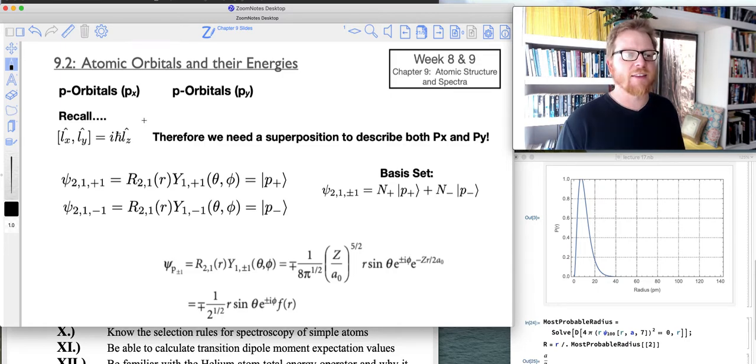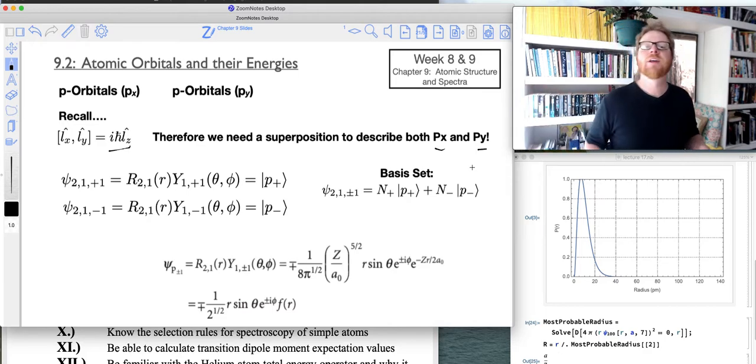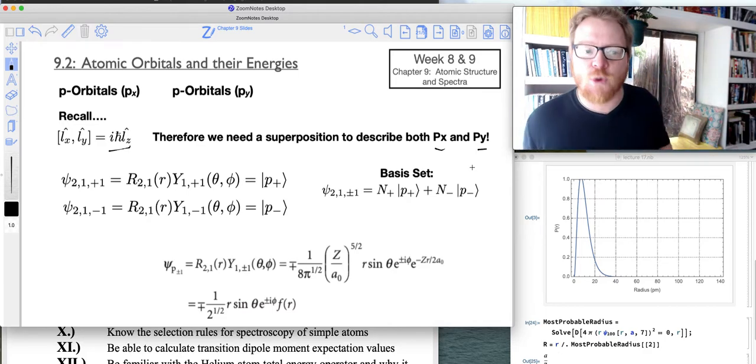Okay, so the fact that this has a value, right, that it's non-zero, that tells us there's uncertainty amongst the x and y dimensions. So we need a superposition to describe both PX and PY. So we need two separate superpositions, one for each orbital.